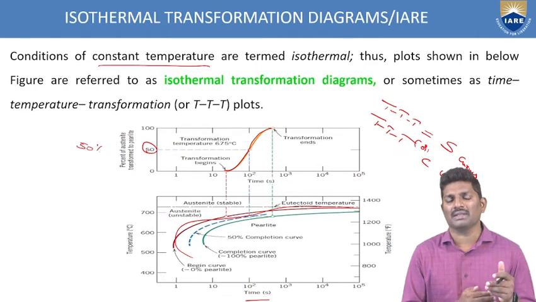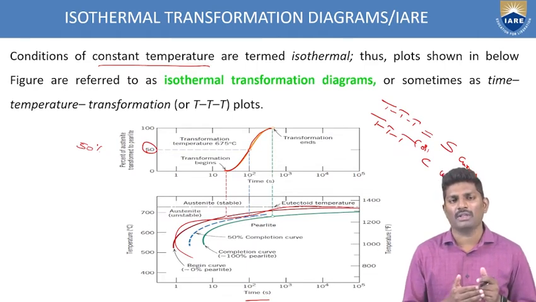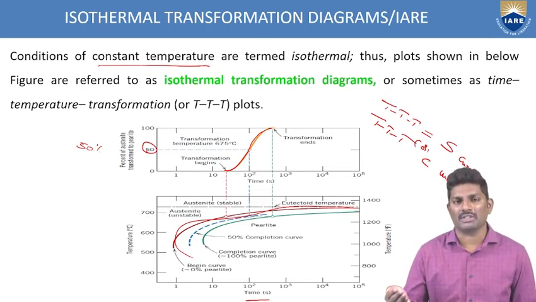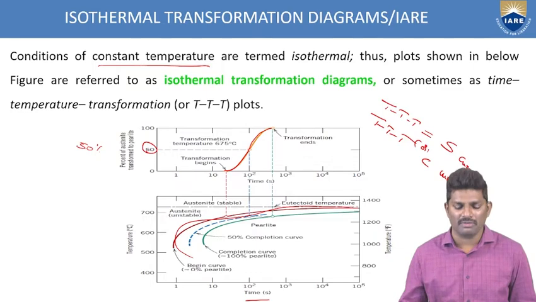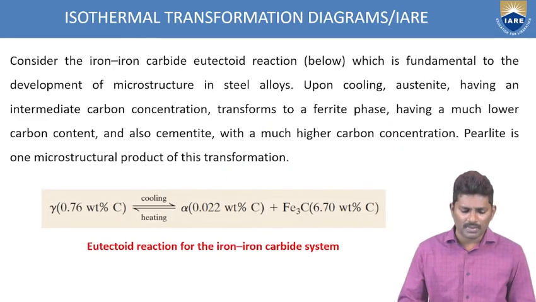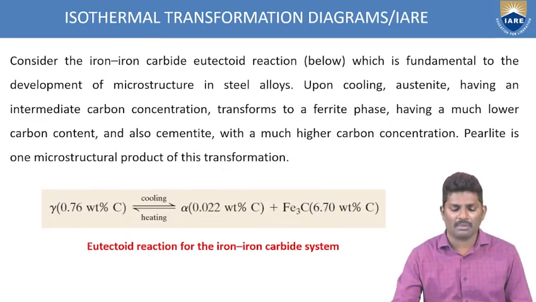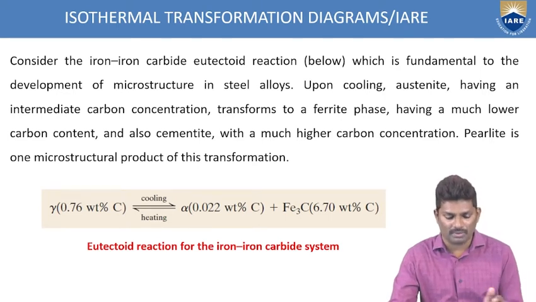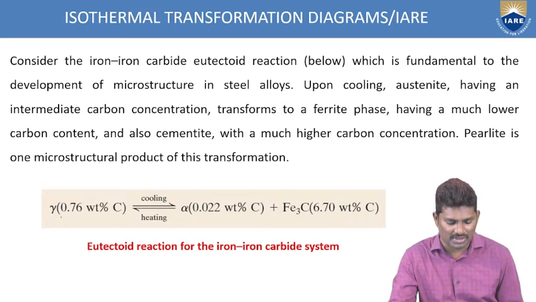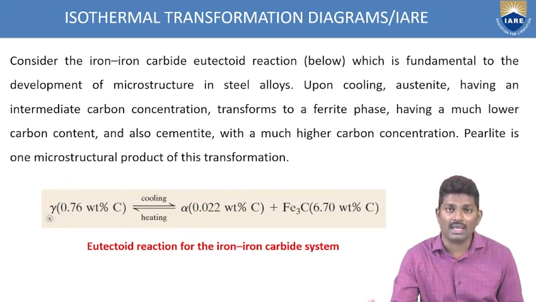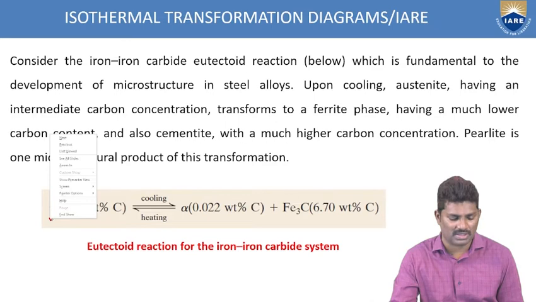It represents how we show the starting and end point of the conversion, or the development of the microstructure of any alloy, with the time temperature transformation. So this refers to the TTT plots of the iron carbide phase diagram. If you consider the iron carbide diagram at the eutectoid, what are the changes in the eutectoid reaction? You are taking 0.76 weight percentage of carbon.